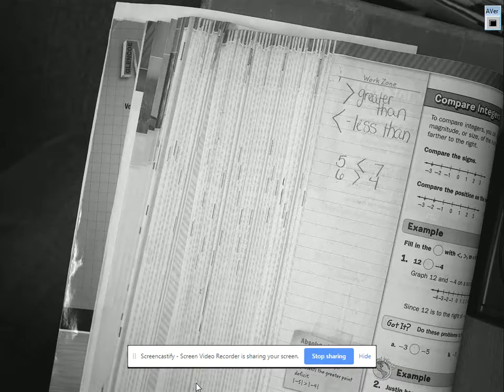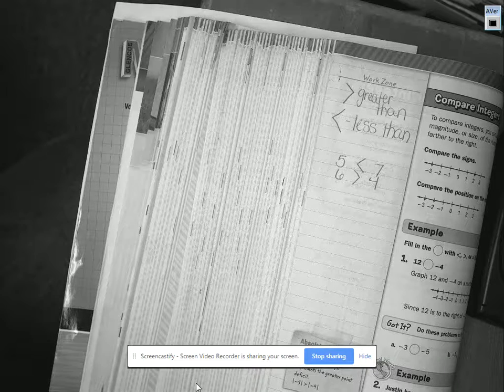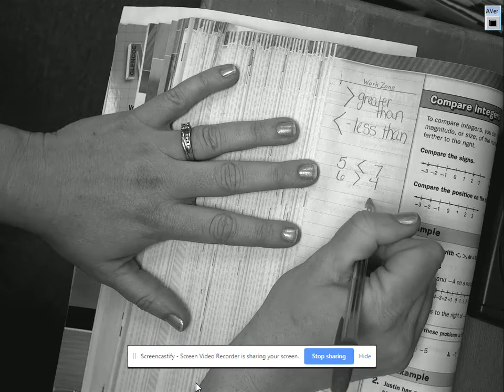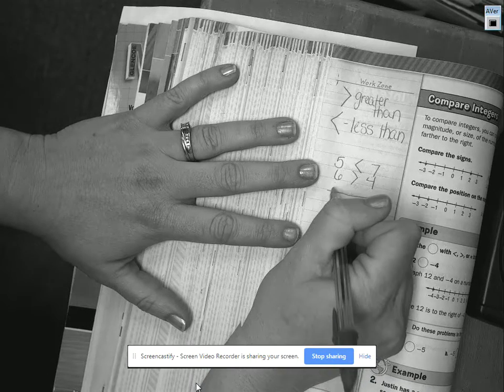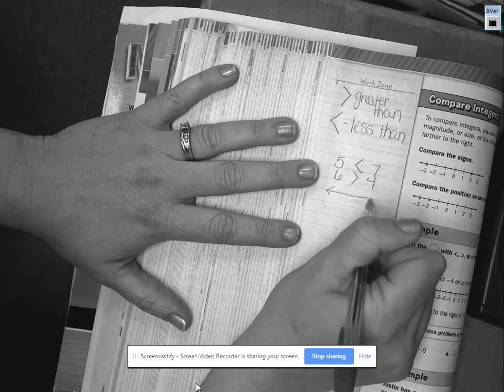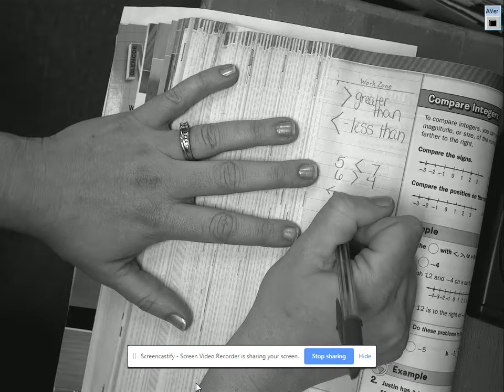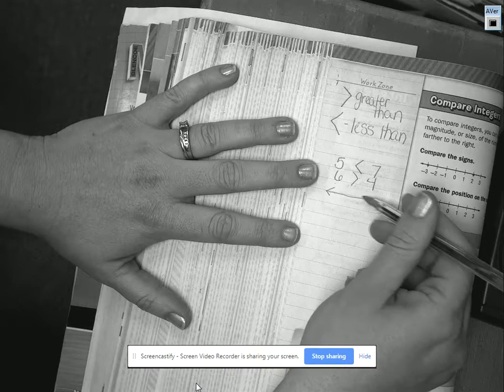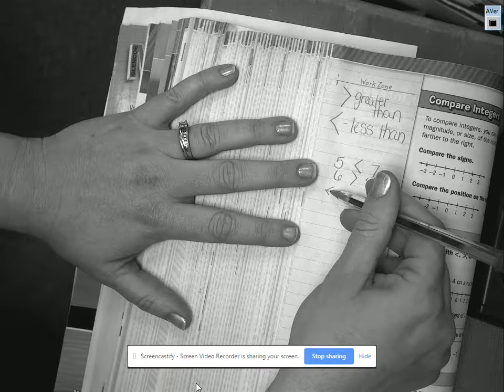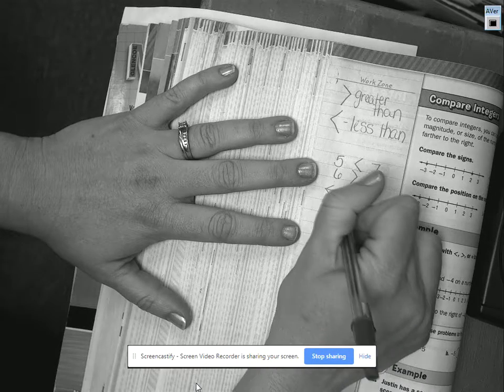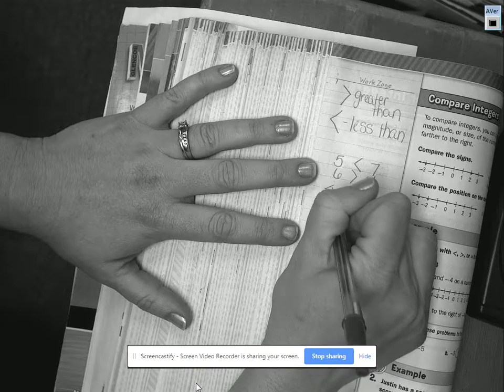Now, when I'm comparing negative numbers, guys, you need to remember that on the number line, if I go from one number to the other one, and I'm moving on the number line to the left, this number further on the left is going to be less than.